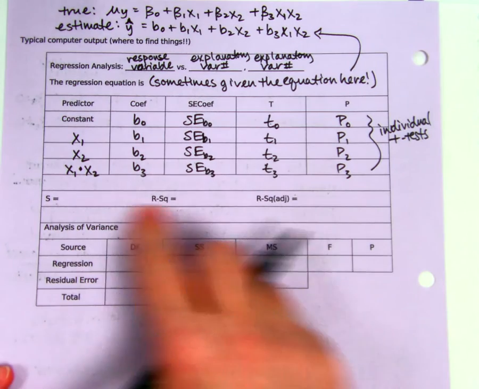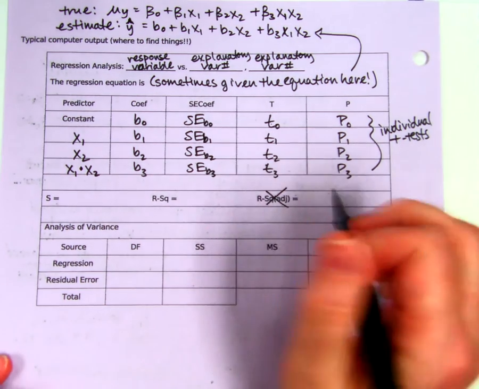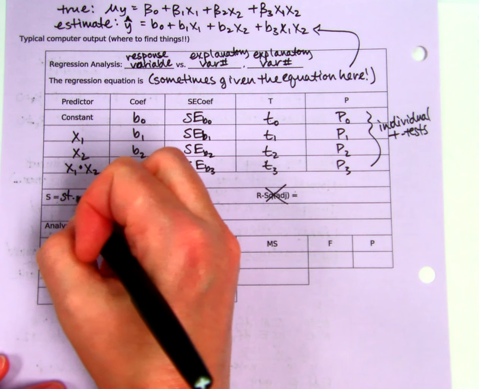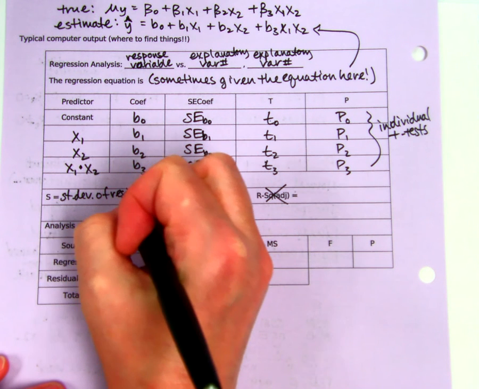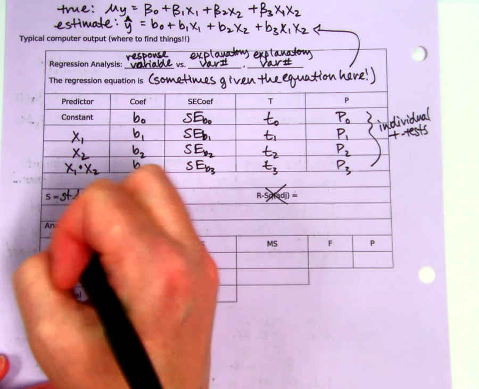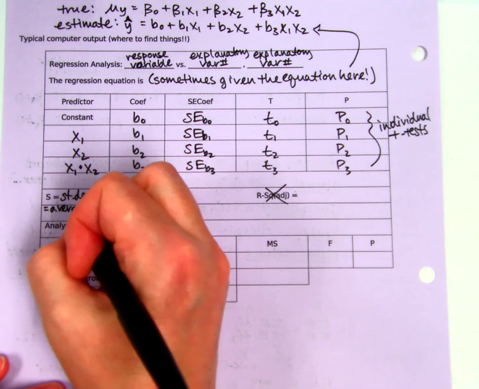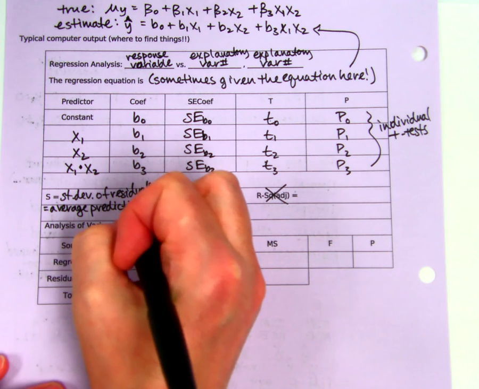Also, I might ask you to interpret some of this stuff. We don't use R squared adjusted this year, so just don't even worry about it. But S, you should know what S is. It's the standard deviation of the residuals, which is also called the typical or average prediction error. And I might ask you to interpret that.